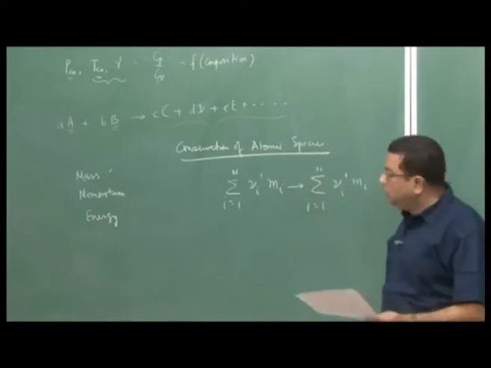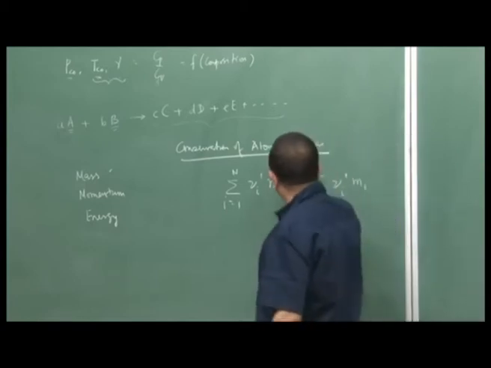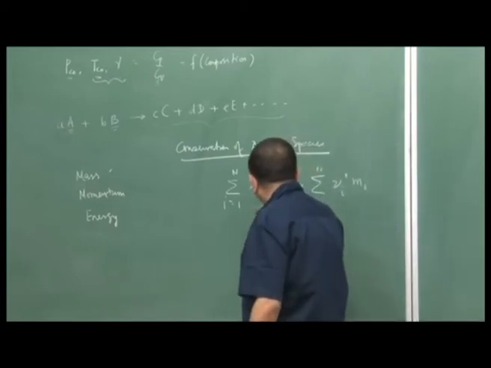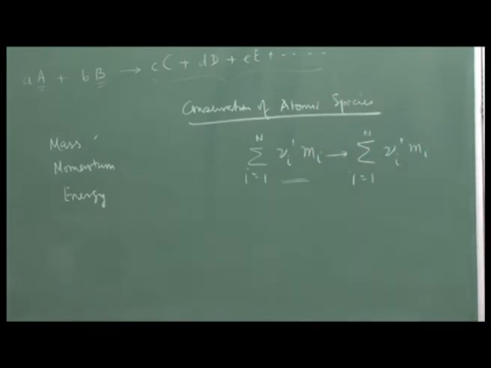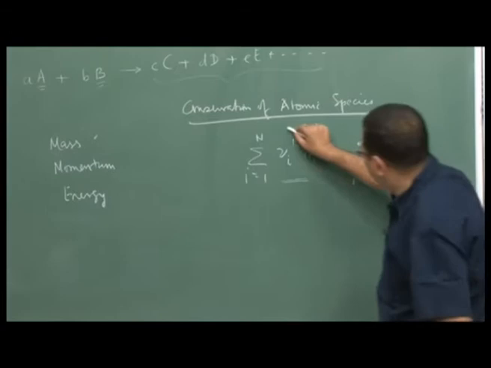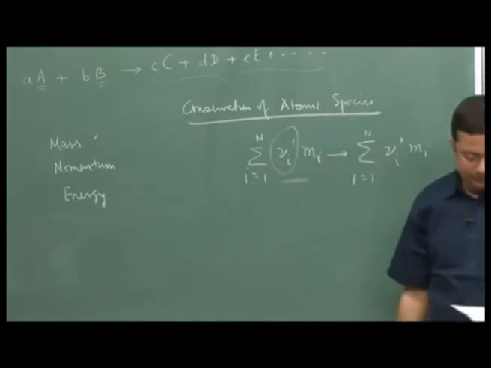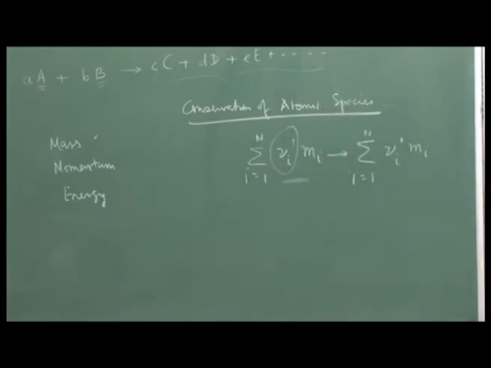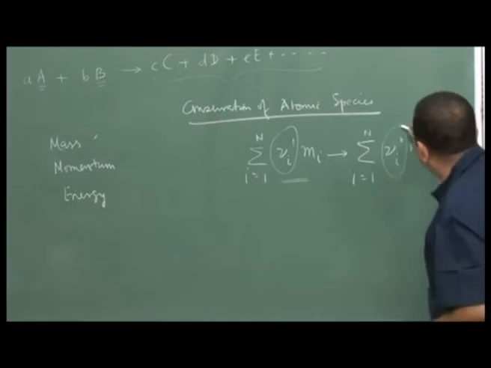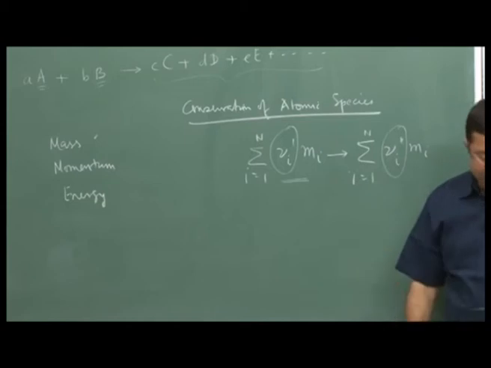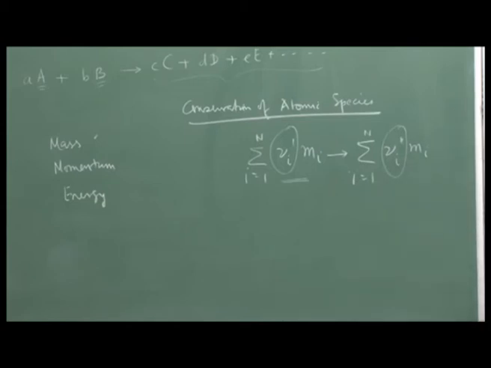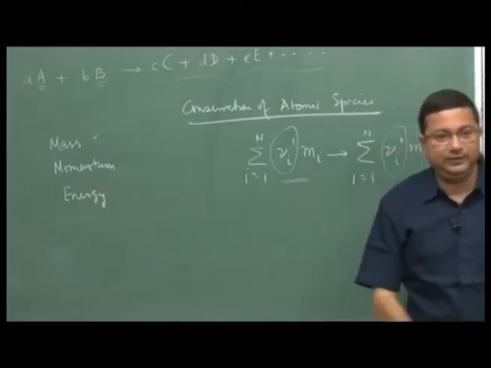Now, according to the conservation of atomic species, once this reactant side is specified, the number of moles of reactants, which essentially are these things mu I dash, are specified, the values of mu I double dash, that is the composition of the product side, is also constrained, it is not arbitrary, and this constraint is due to the conservation of atomic species.